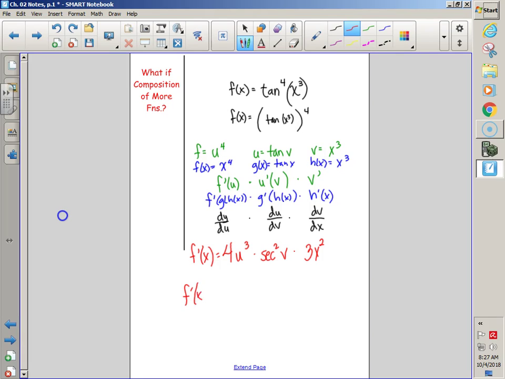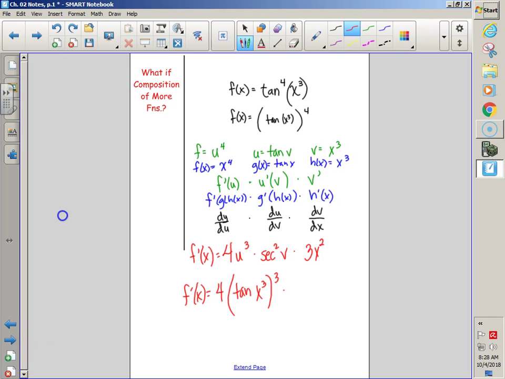So f prime of x is equal to 4 who cubed? Derivative of the outer, keeping the inner the same. It's u. And who's u? Tangent of v, who is x cubed. Times, then we had to peel off the 4th degree. We got to this guy.